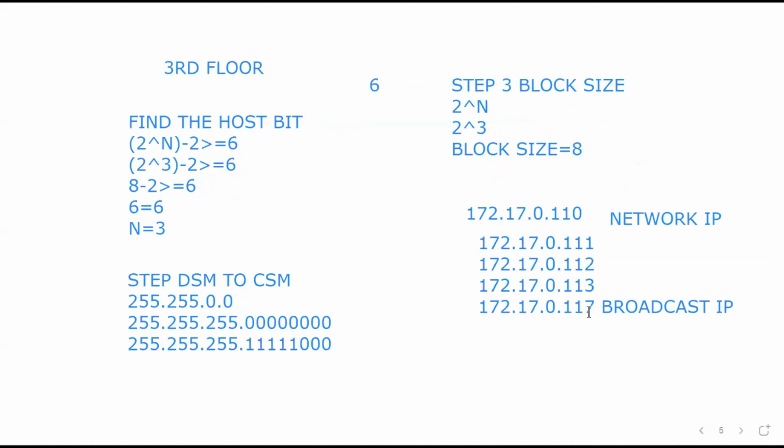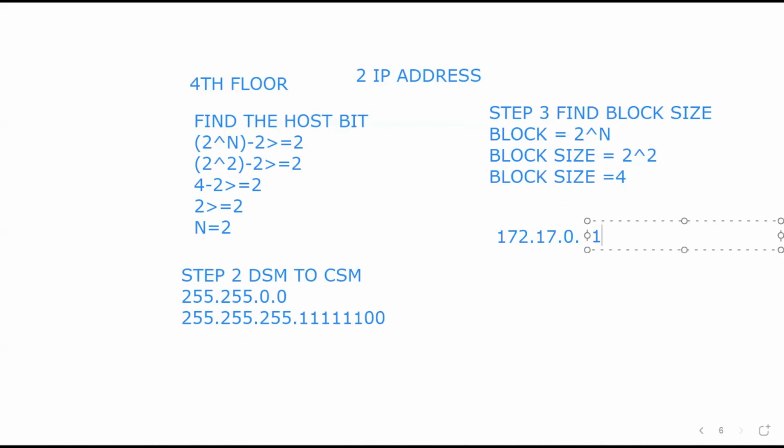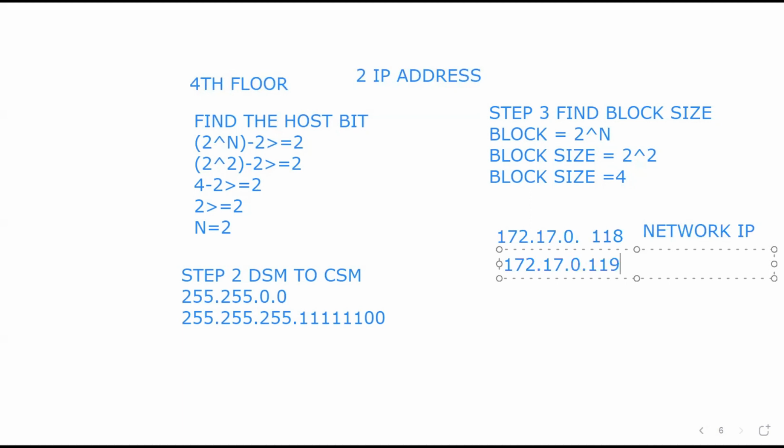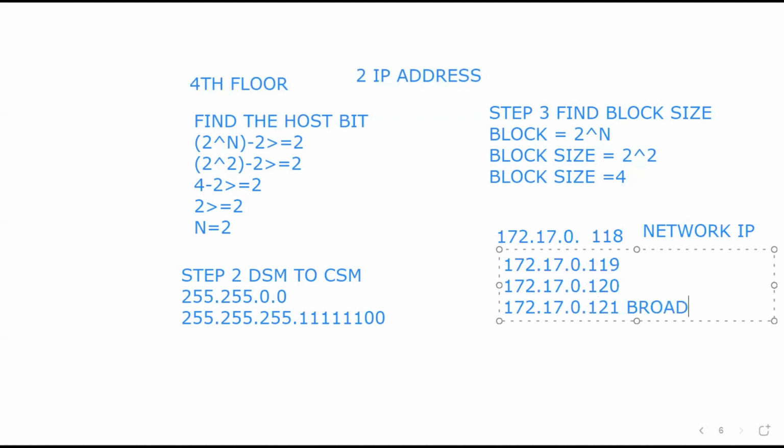What is our last IP? 119. So here .120 is our network IP. Then another, 172.17.0.121, 172.17.0.122, and 172.17.0.123 is our broadcast IP.